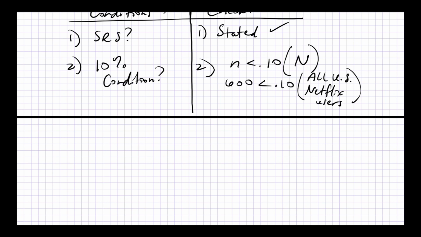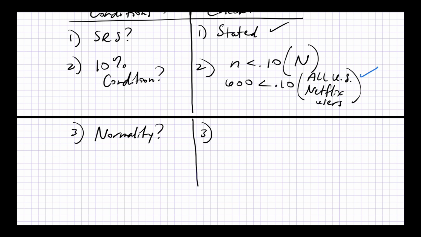That's where p comes from, right? That's what we want there. Okay, and then the last one, normality.